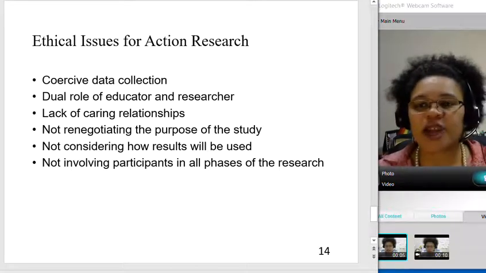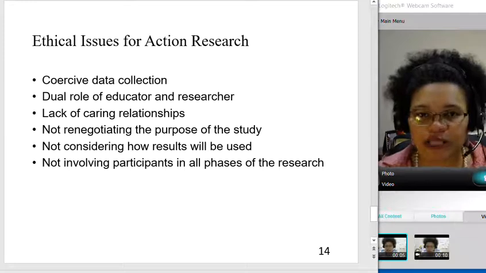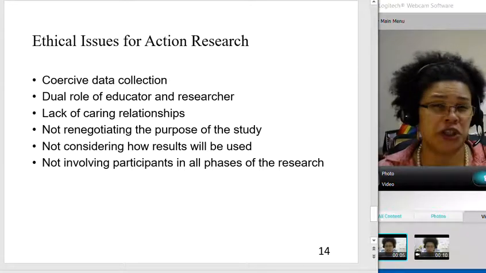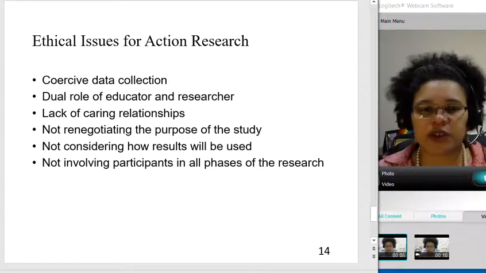The trick is that the data collection is not coercive. If you already have power over someone, then you don't want to force them to give you data that they don't want to give. So there's this dual role of educator and researcher.